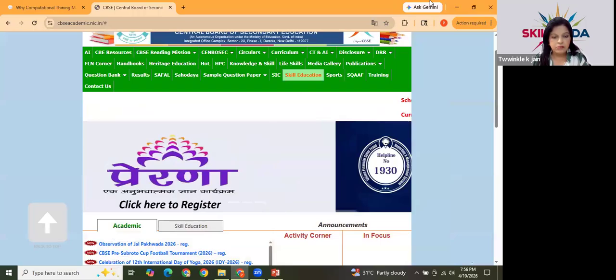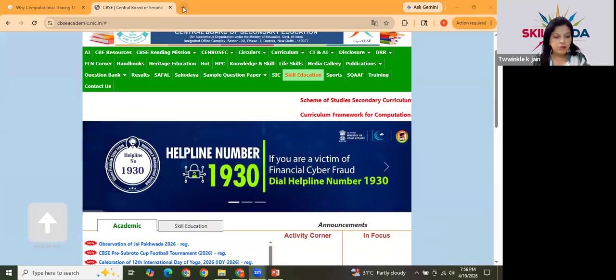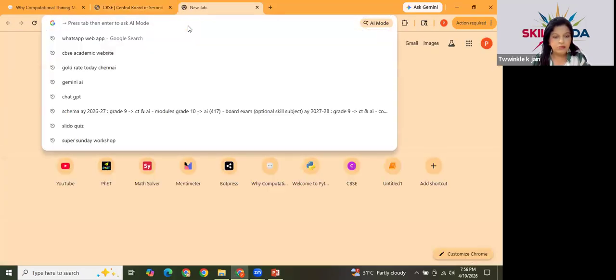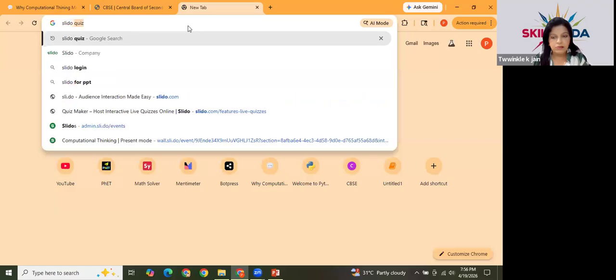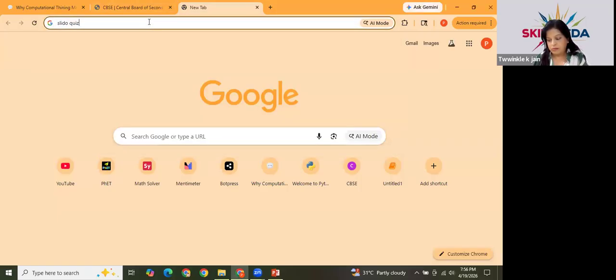Meanwhile, I'll open this Slido. Slido is another tool for conducting polls, taking surveys during a webinar, or for conducting quizzes also.